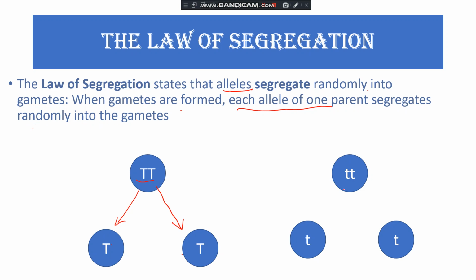Understood? Here also you can see, like capital T and small t, in each gamete only one goes. They segregate, and this is the law of segregation.